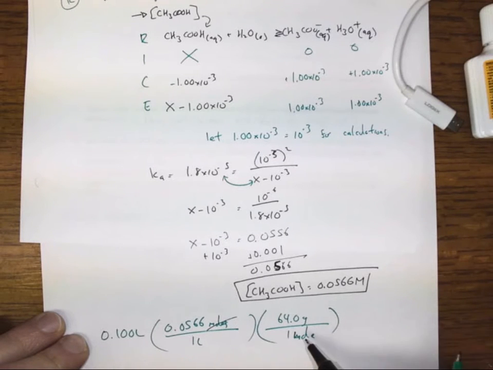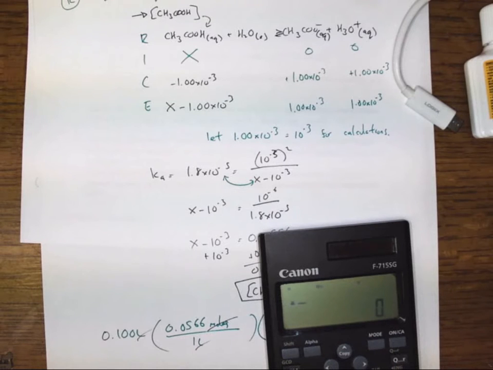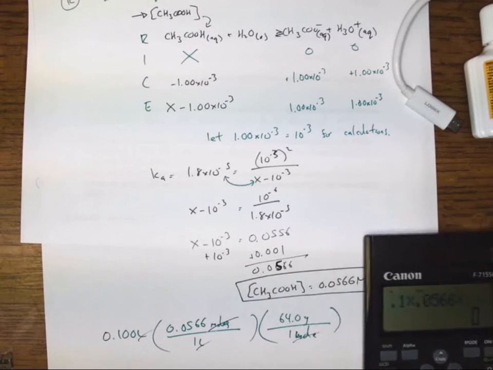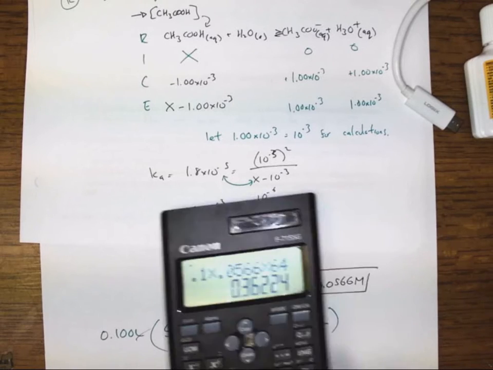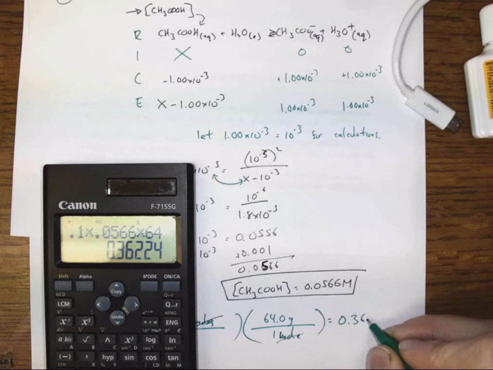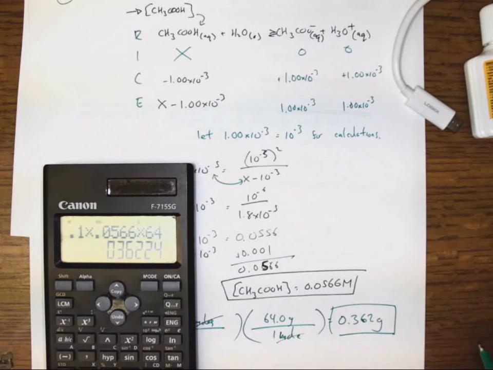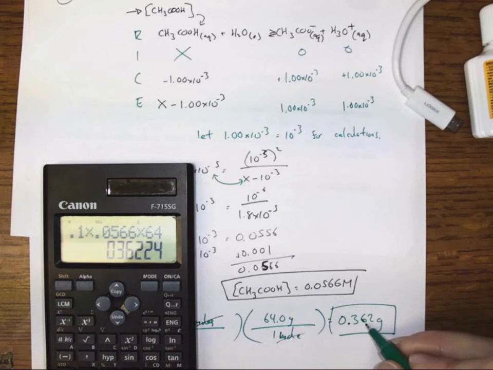Moles cancel, and liters cancel, and we get 0.1 times 0.0566 times 64, which is 0.362 grams, which you can imagine weighing out. And there we go. That's it.